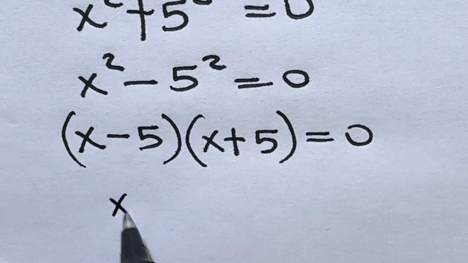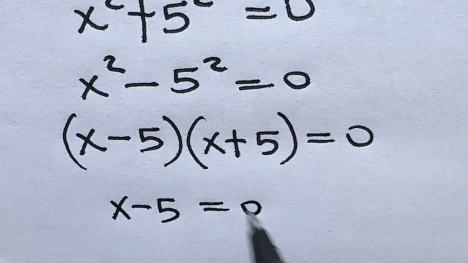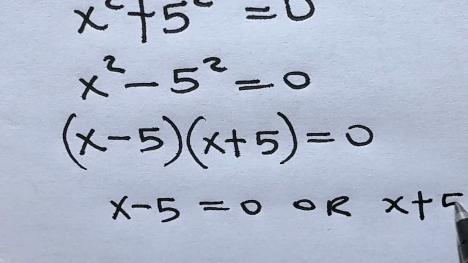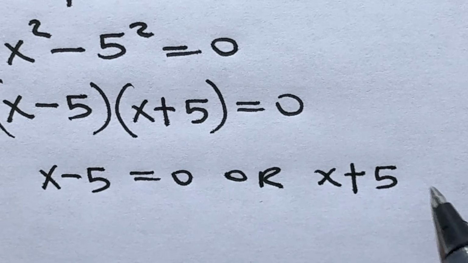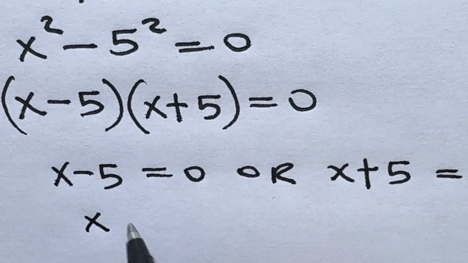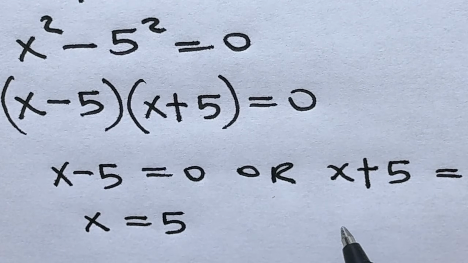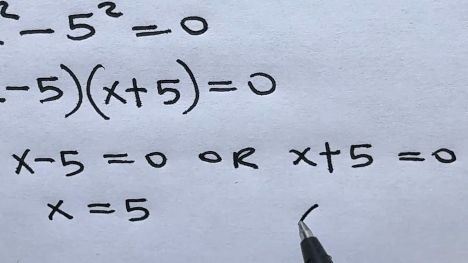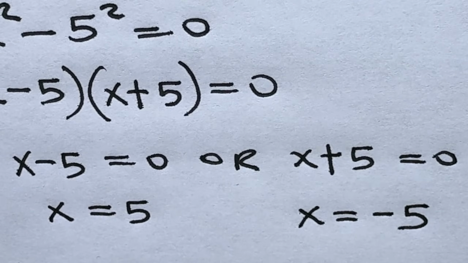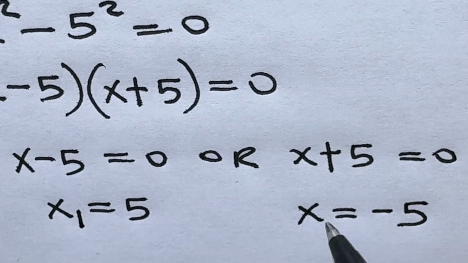This means x minus 5 is equal to 0, or x plus 5 is equal to 0. From the first part, we say x is equal to 5, and from the second part, we say x is equal to minus 5. These are the first two solutions to this problem. Let's call this x1 and call this x2.